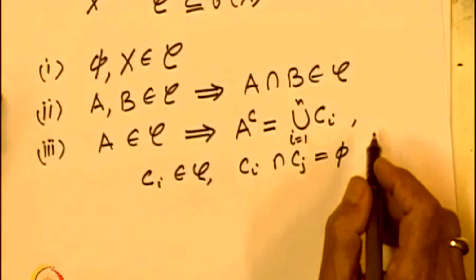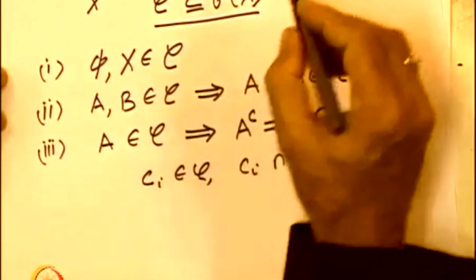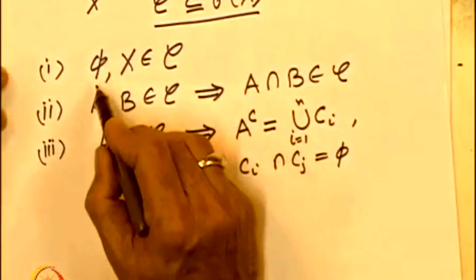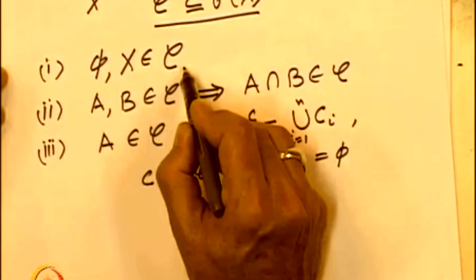Let us just go through these concepts again. A collection C in P(X) having the following properties. First, the empty set and the whole space are elements of it.